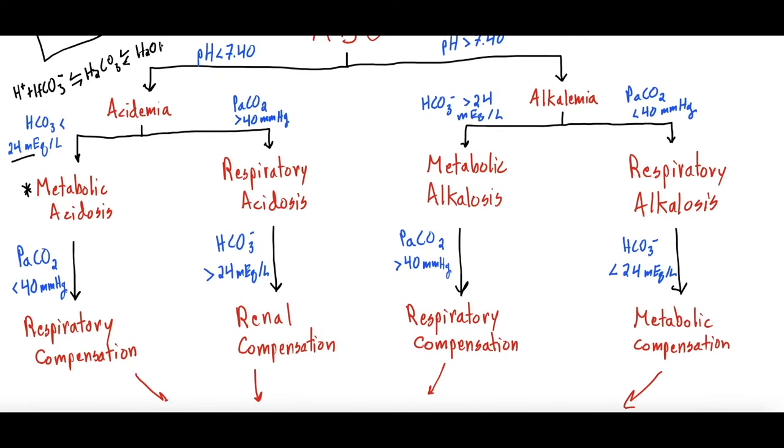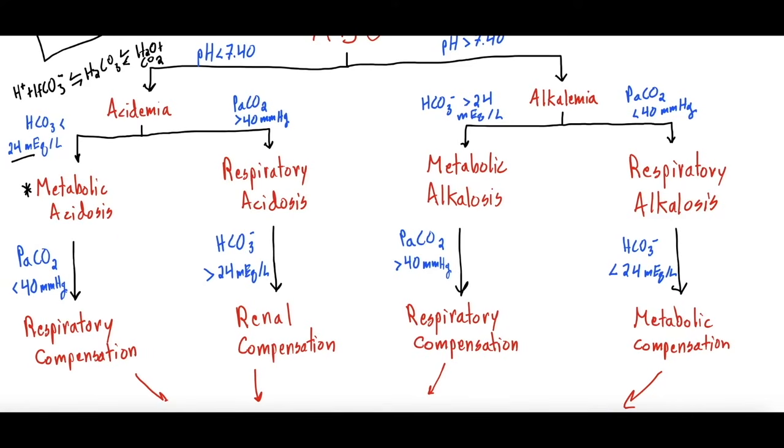So if our pH is less than 7.40 and our bicarbonate is low, bicarbonate is a base. So if the base is low, it's acidotic. So if that bicarbonate is low, you know that it's a metabolic acidosis. All right, and we're going to get into the next level about the compensatory stuff in a second, but we're going to stick above that green line for now.